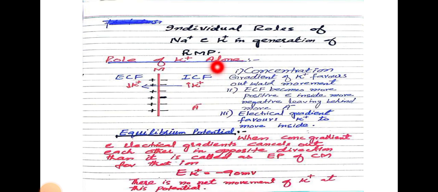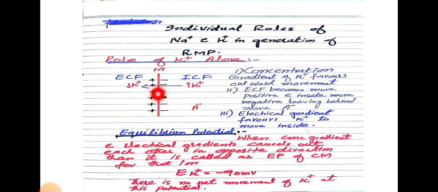It is just a hypothetical or experimental model. How can potassium affect the membrane potential? As we know, and as shown in the table, potassium concentration is far greater inside the cell as compared to outside. Therefore, the concentration gradient favors its movement out of the cell.